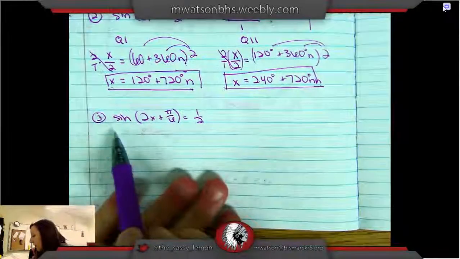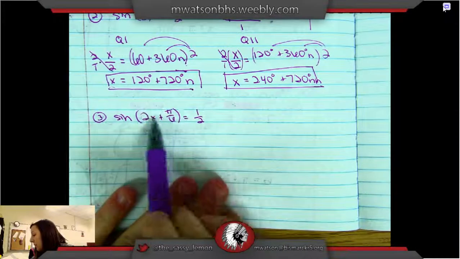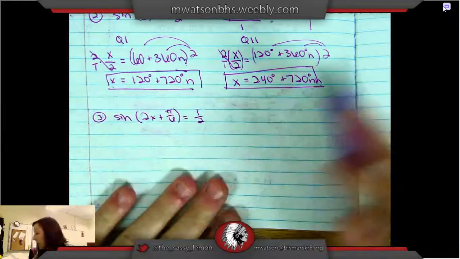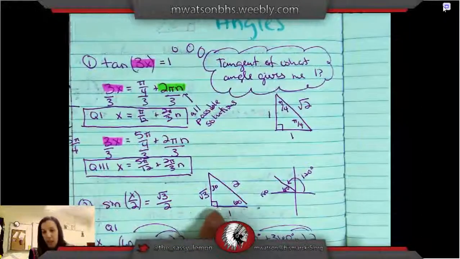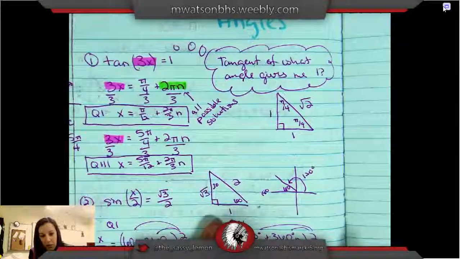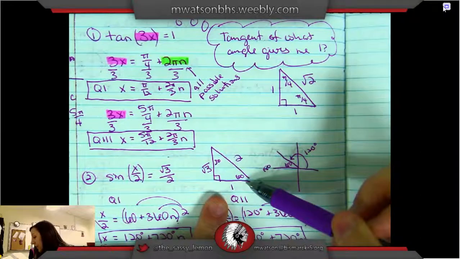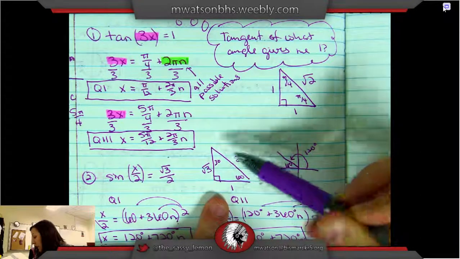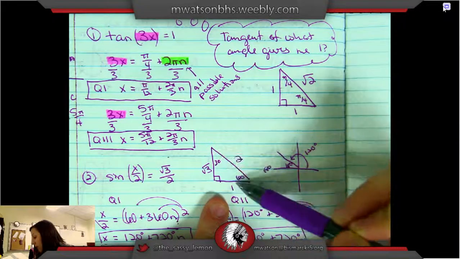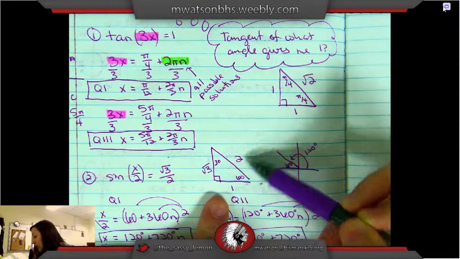First of all, we need to figure out sine of what angle equals 1/2. And hopefully you're thinking, oh, that's this triangle right here, my special triangle. So we're looking for sine of which of these angles gives us 1/2. And hopefully you're thinking 30, because opposite over hypotenuse is 1/2.